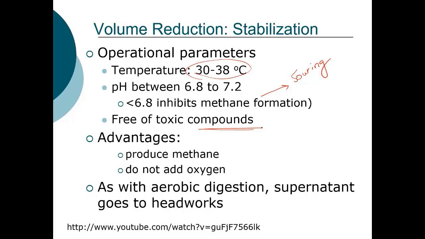It's essentially a recycle loop. There's no place to discharge that supernatant other than either the environment, which would be a disaster, a negative impact on the environment, or to recycle it back to the headworks.